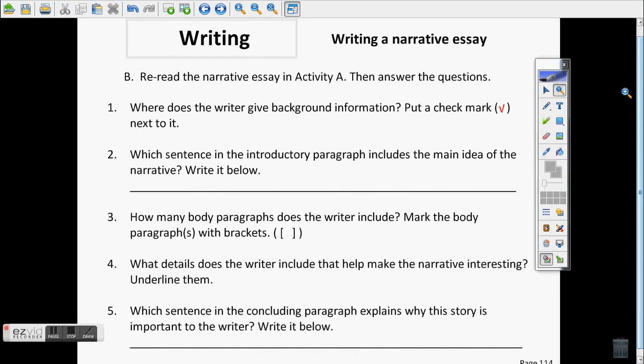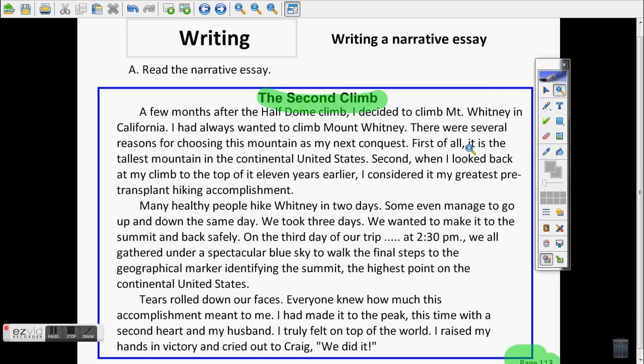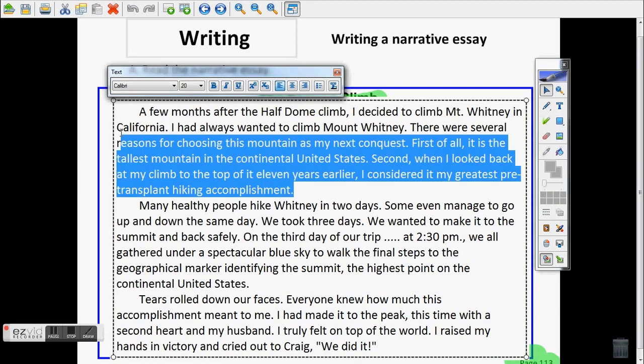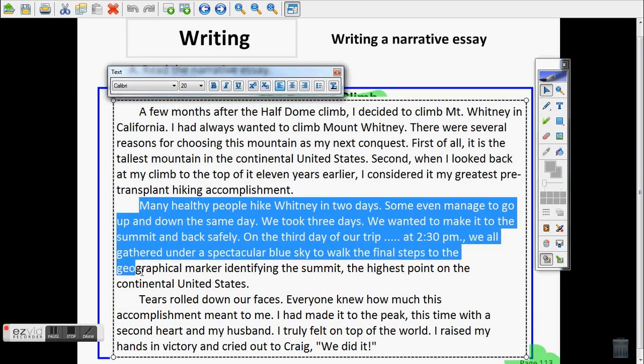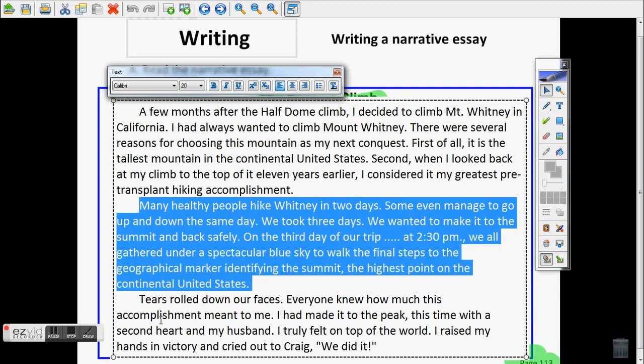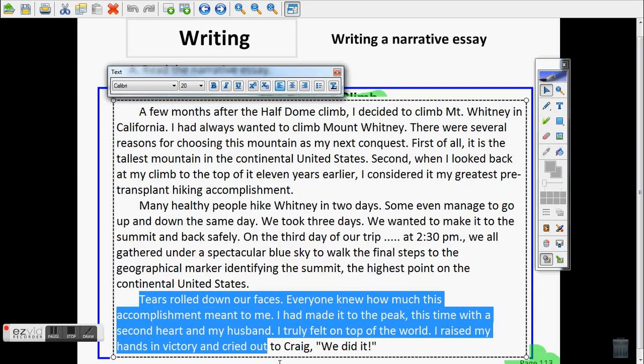Answer the questions. 1. Where does the writer give background information? Put a check mark next to it. Okay, we have here the first paragraph, the second paragraph, and the third paragraph.